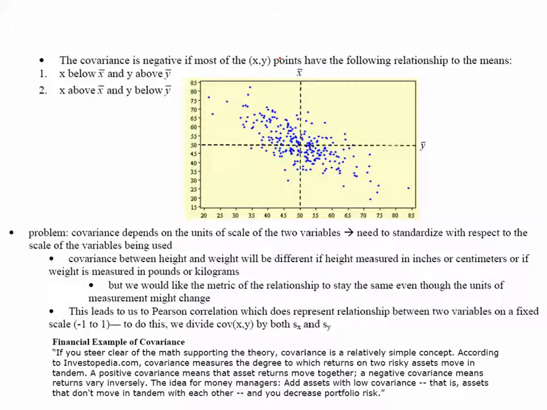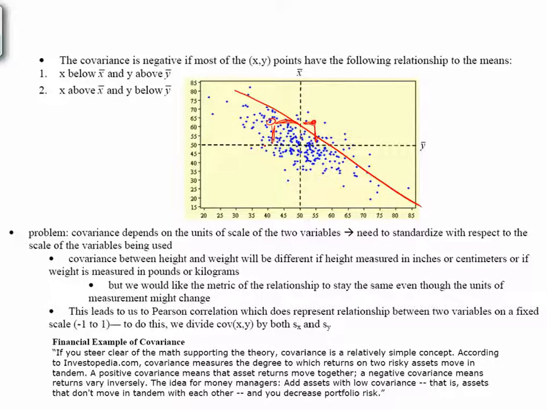In the next example, we see that when x is above its mean, so let's take this point right here, and we can see that x is higher than its mean. I didn't grab a very good example. Let's grab this one right here. So x is below the mean right here. Y is above the mean.